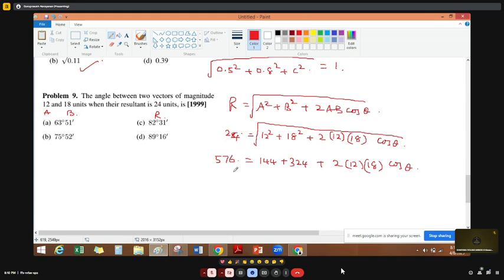How much are you getting for 576 minus 144 minus 324? 576 minus 144. It's 324.